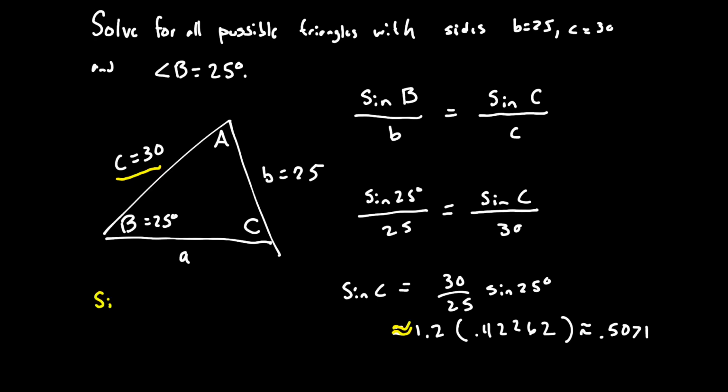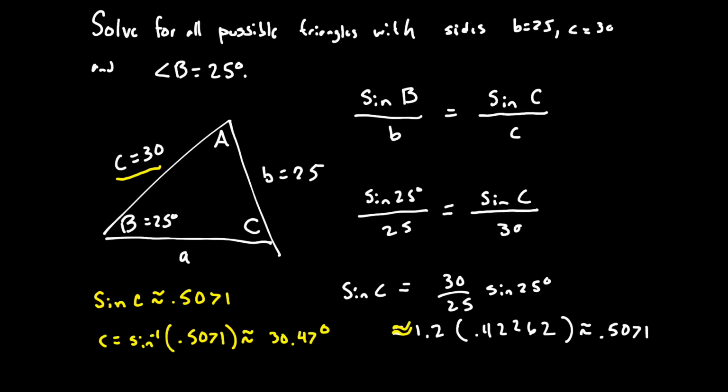We're given that sine of C is approximately equal to 0.5071. Using arcsine, we could write this as C is equal to sine inverse evaluated at 0.5071. And this is, again, approximately 30.47 degrees.